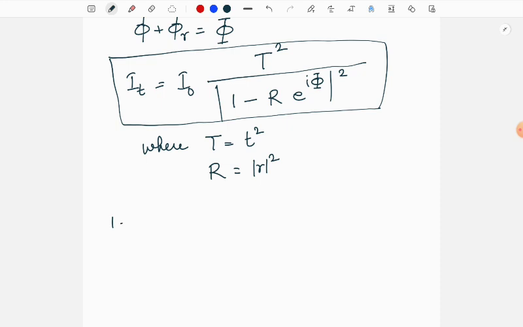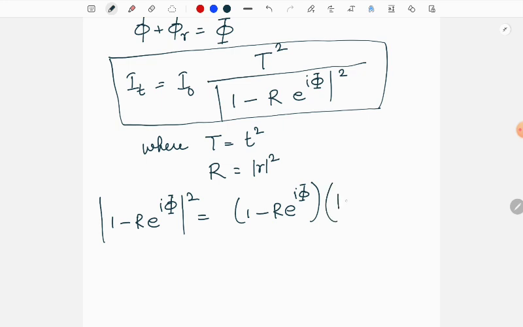If you expand it, this comes out to be 1 minus R e^(i Phi) times 1 minus R e^(minus i Phi). Capital R is real here because we have taken the imaginary part, the phase term, separately, so this is a real term.